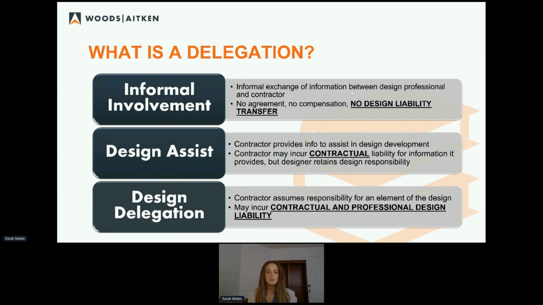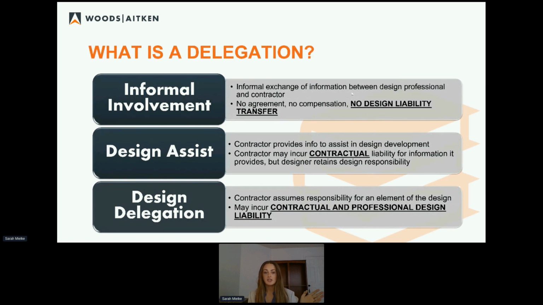The contractor may incur contractual liability for information that it provides, but the designer really maintains ultimate responsibility. A lot of people disagree on that, and they would say the designer passes off responsibility. Again, just the most widely accepted understanding is that the designer maintains responsibility. With design delegation, we're out of the gray, we're out of no liability.